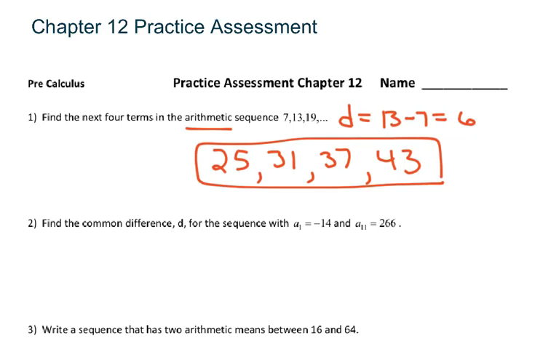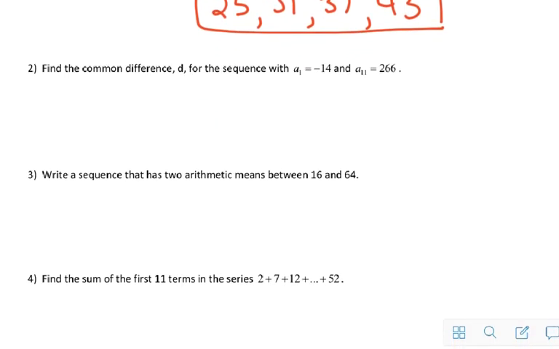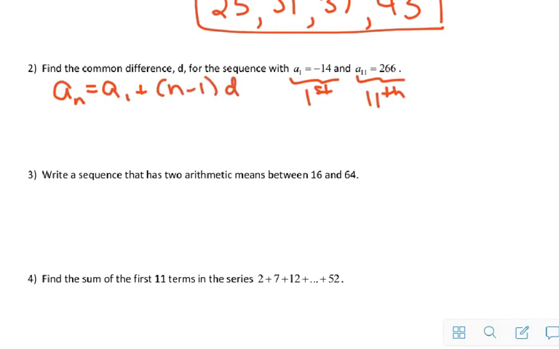In problem 2, we want to find the common difference d for a sequence with a sub 1 is negative 14 and a sub 11 is 266. Remember that this means the first term, and this is the 11th term. So we're going to use the formula a sub n is equal to a sub 1 plus n minus 1 times d.